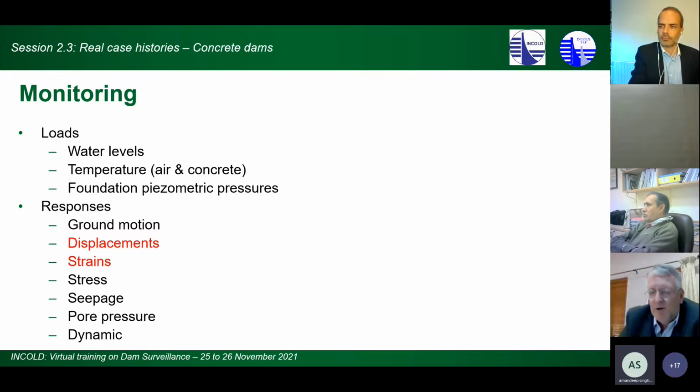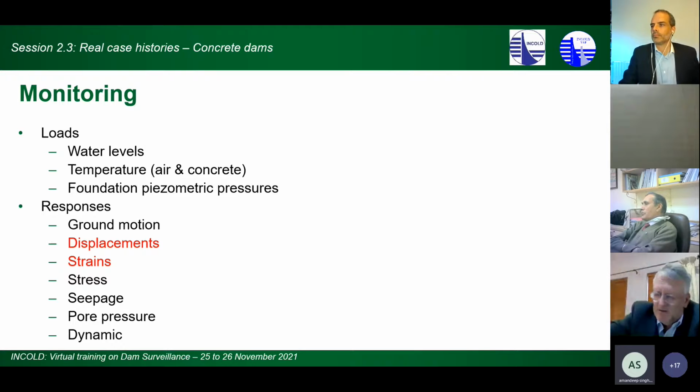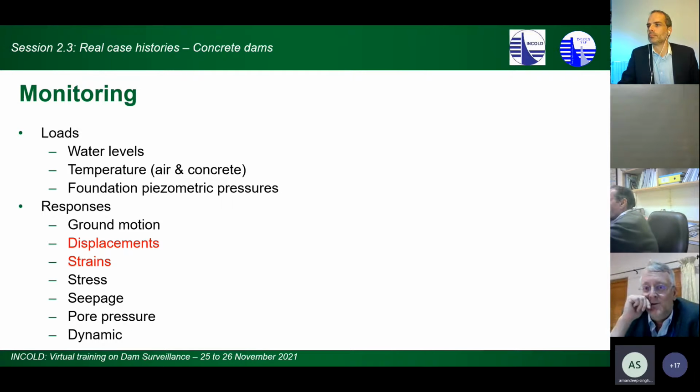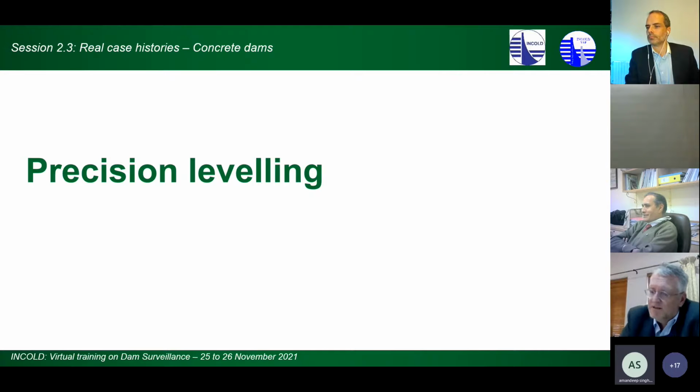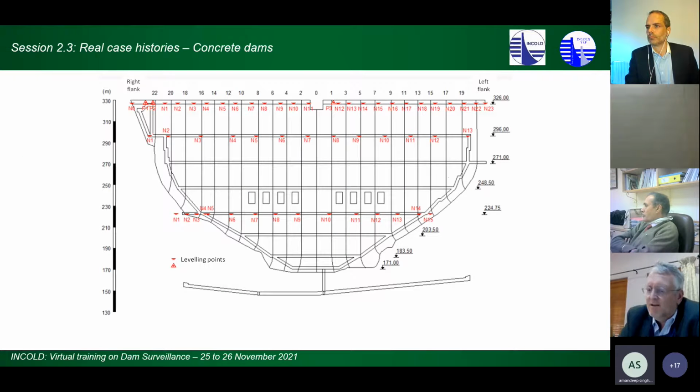Because Manuel was showing some values earlier as well. If you just have one piezometer and that piezometer goes up, sometimes the question is, is it really a correct reading, or is the piezometer going haywire, if I can put it that way? So that's part of the redundancy that we're talking about.